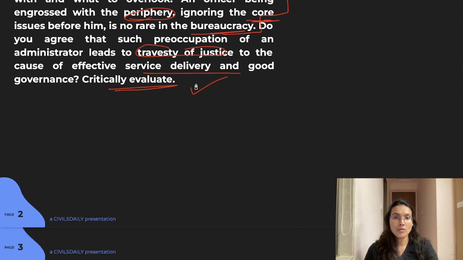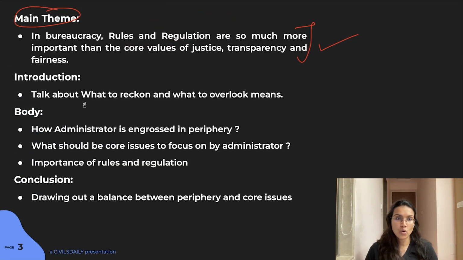You can talk about what to reckon and what to overlook actually means here. So again, what to overlook? You have to overlook too much stress on rules. It's not that you need to overlook them completely, but making rules and regulations ultimately the end is something you need to avoid. You need to overlook, on a daily basis, the pressure that you as a bureaucracy have to deal with, the political pressure that you have to deal with.